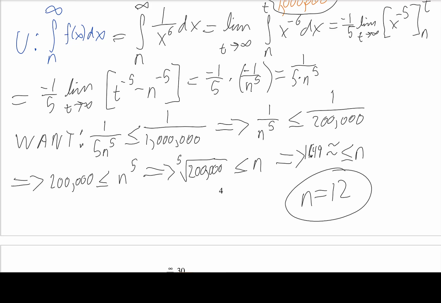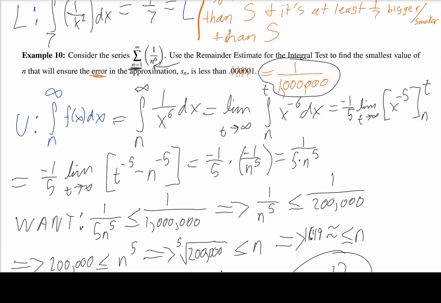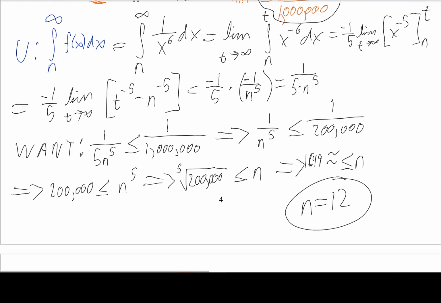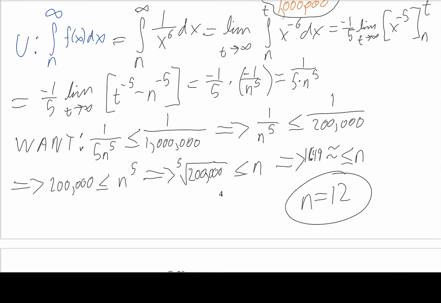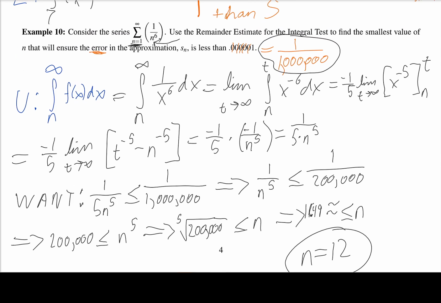And so that will be the smallest value of n that will get us within this error for our approximation to the sum, right? So that means if I calculate s sub 12, it will be no more than 1 over 1 million, bigger or less than our sum.